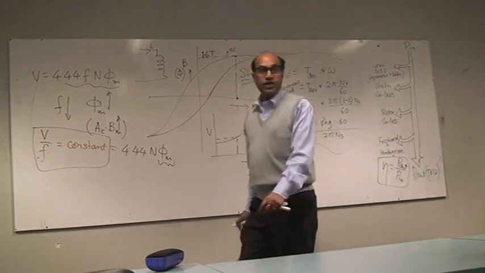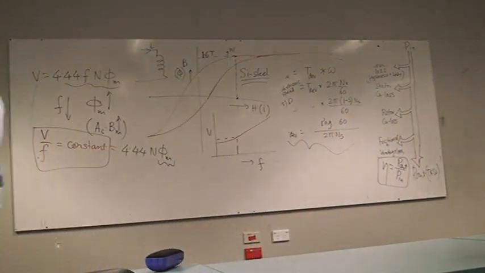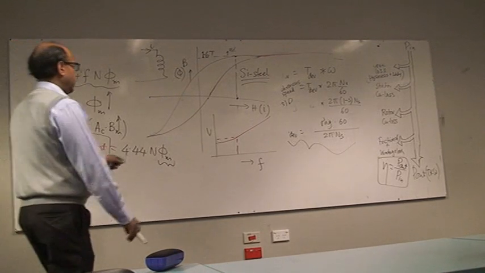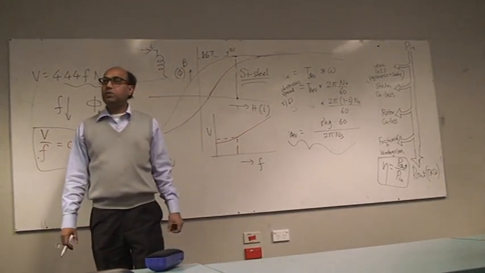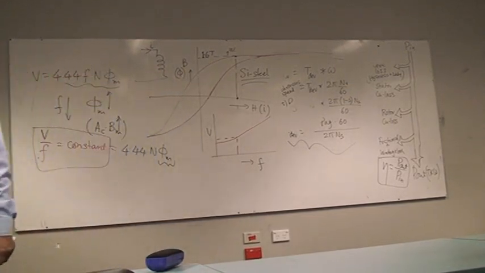This is just to overcome the loss in the stator winding. There will be some voltage drop in the stator winding, so you need to increase the voltage slightly higher. Otherwise, you will not be able to get sufficient torque.